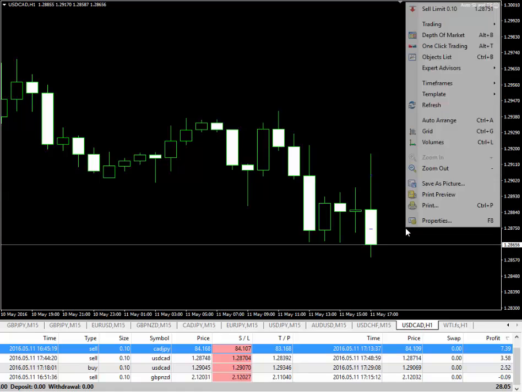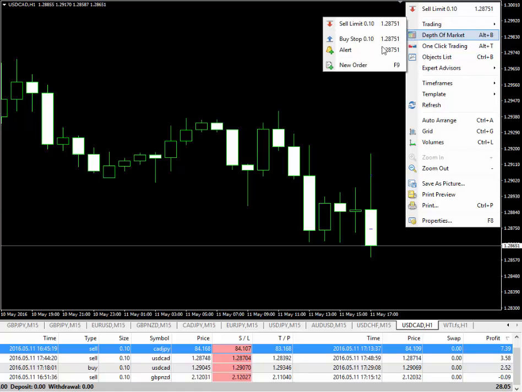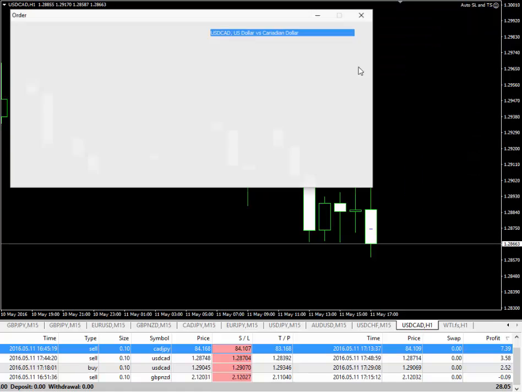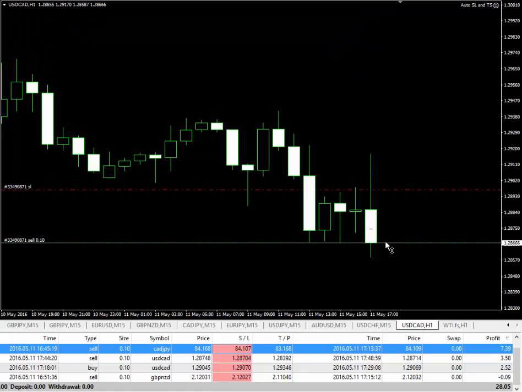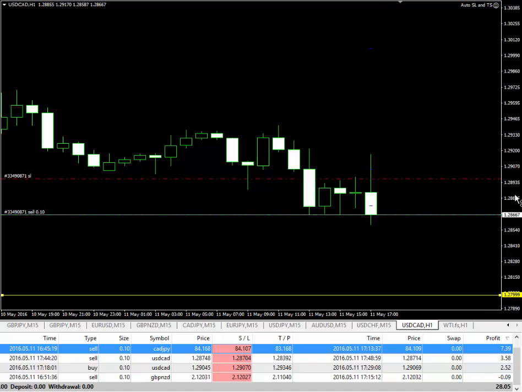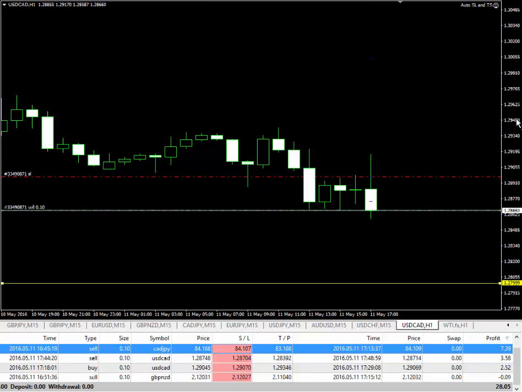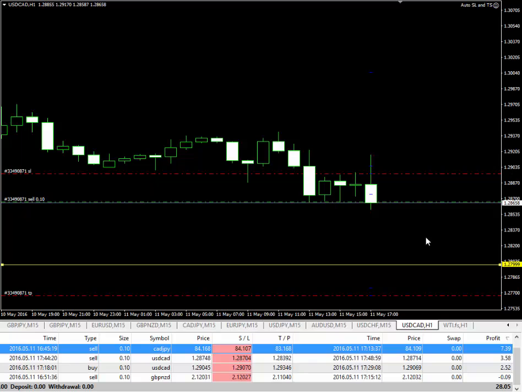Now if you want, you can just go and sell again. Go trading, new order, right, sell at market here. This is the third time I'm selling the US dollar against the Canadian dollar. So let's see how it goes.